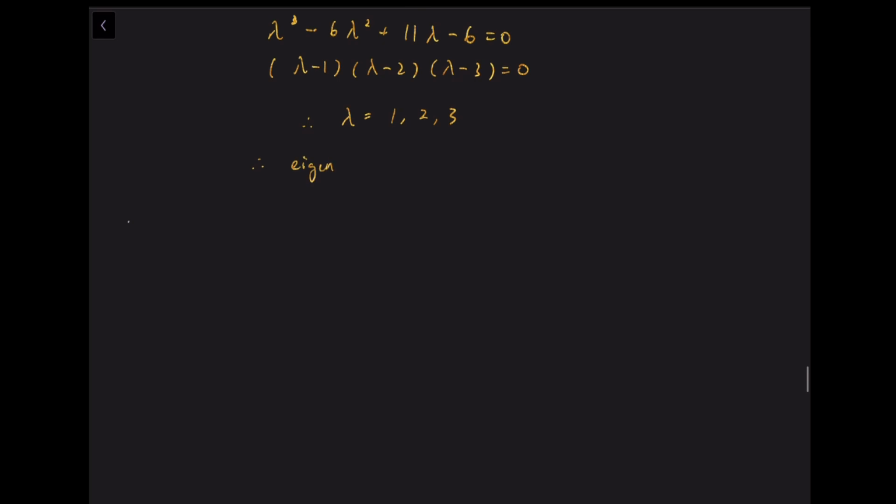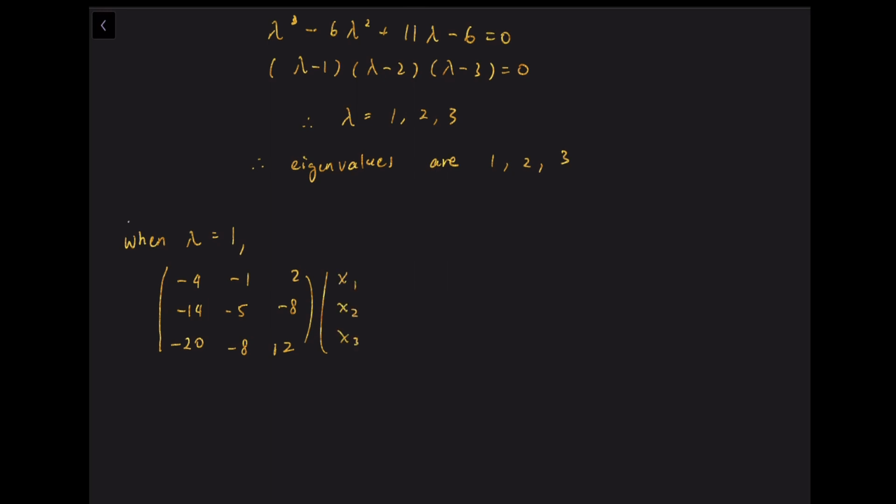Thus, the eigenvalues of A are 1, 2, and 3. When lambda equals 1, we will have this matrix [-4, -14, -20; -1, -5, -8; 2, 8, 12] times [x1, x2, x3] equals [0, 0, 0].